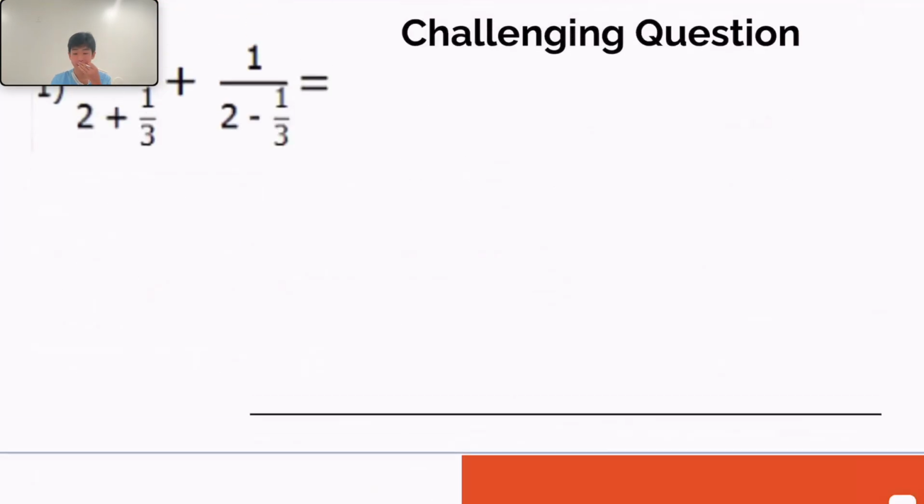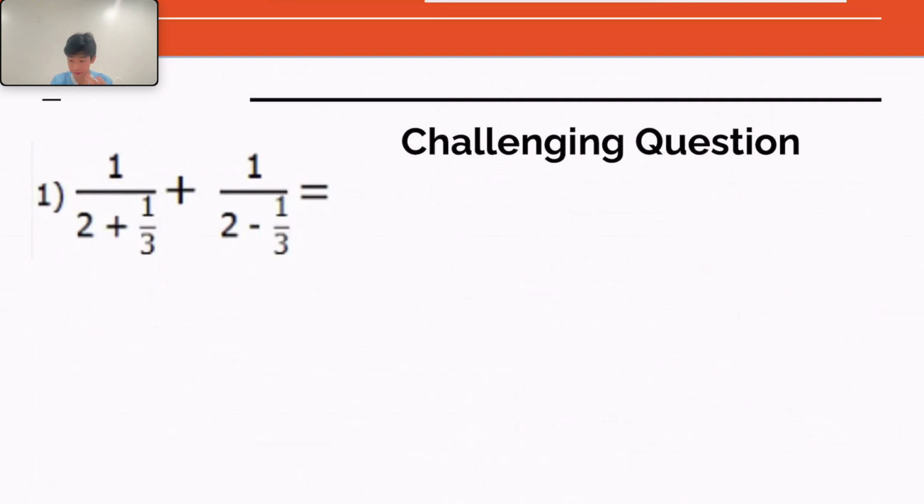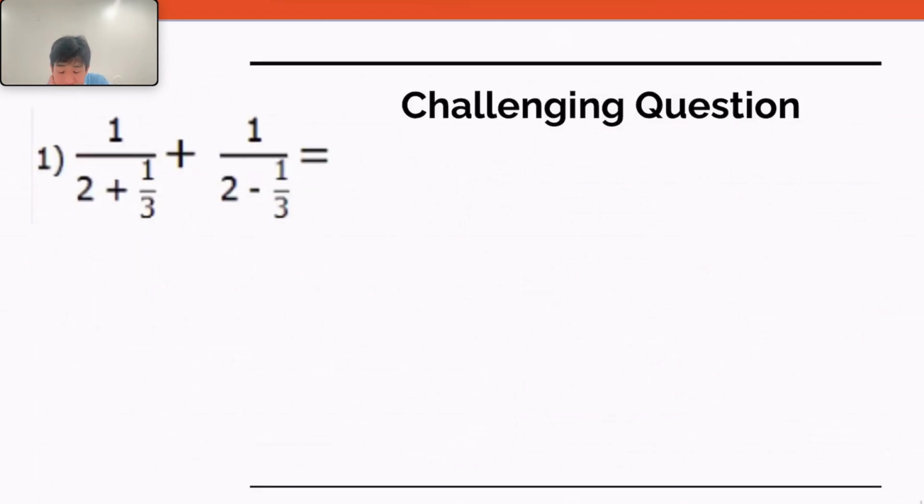Let's take a look at the challenging problem today. This might seem terrifying at first, but as we discussed in the first topic today, you can see the line here as the divide sign, so we can basically convert this into 1 divided by 2 plus 1/3, plus 1 divided by 2 minus 1/3.